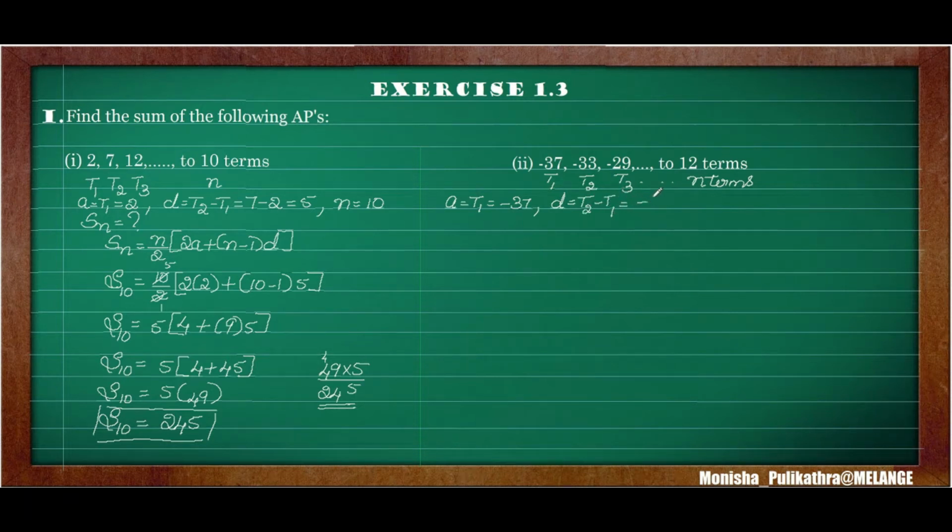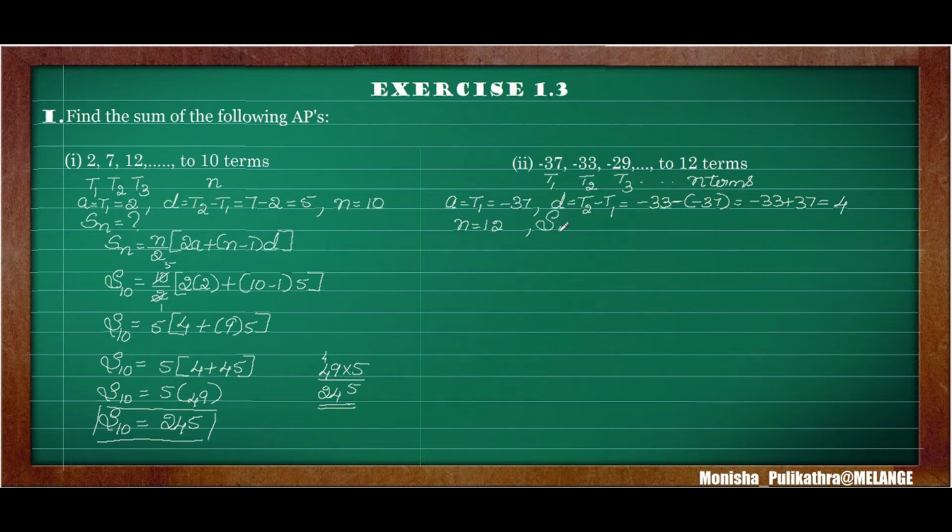Here T2 is minus 33. In the formula there is a minus sign, and T1 is also minus, so we need to put a bracket here. Minus 33 minus of minus 37 is minus 33 plus 37. So 37 minus 33 is 4. So this is the common difference D. Next N is equal to 12 terms.